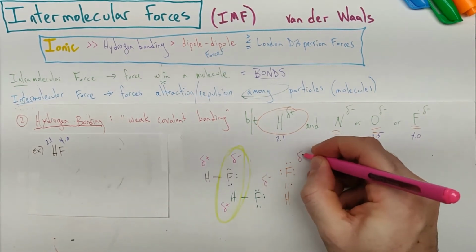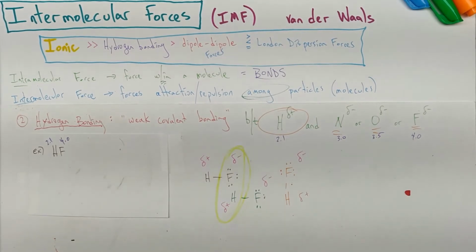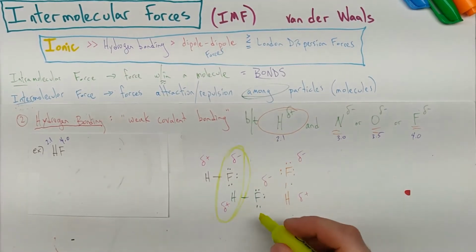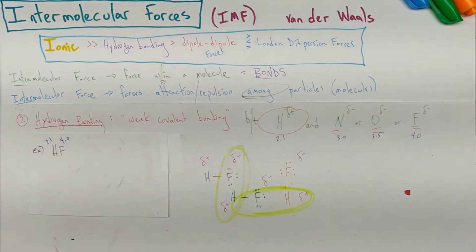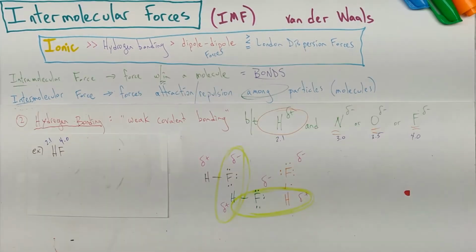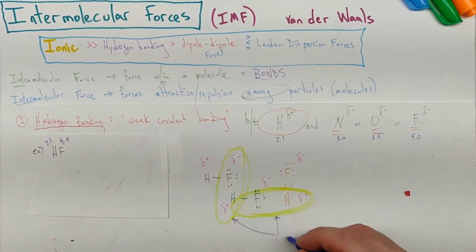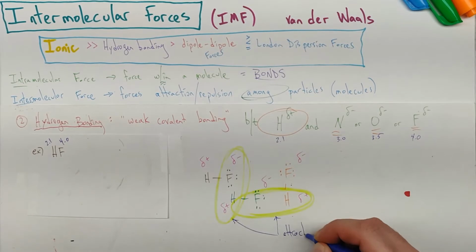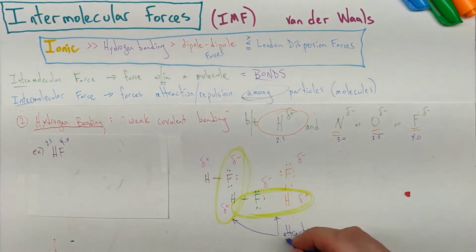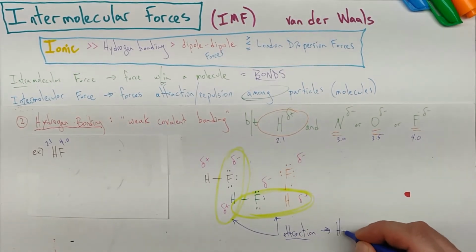Sorry, slightly negative, slightly positive. And in the same way as you could note that there are potential repulsions between the fluorines or whatever, but that just ends up making things align a certain way. Once again, this highlighted stuff here is an attraction, right? Specifically, it is hydrogen bonding.